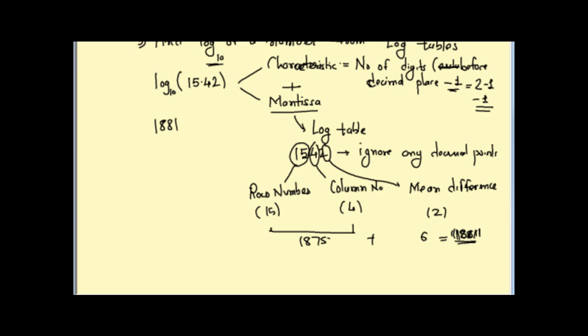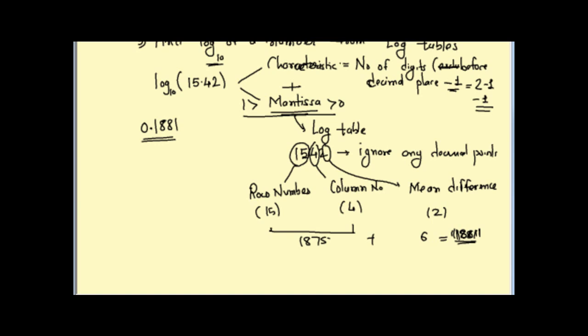For the mantissa, you have to place a decimal point before this number, that is 0.1881. The mantissa of any number that you get from the log table should be greater than 0 and less than 1. The mantissa of this number is 0.1881.